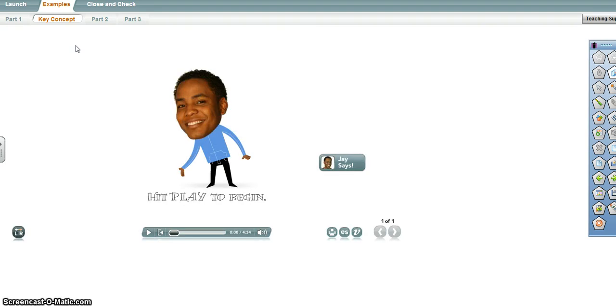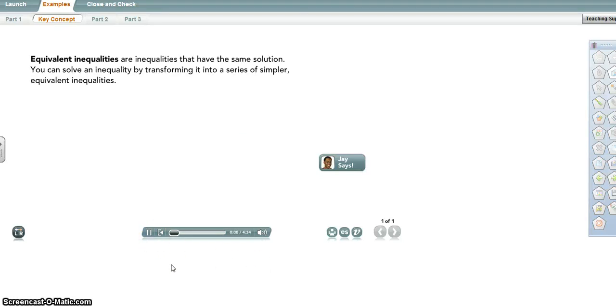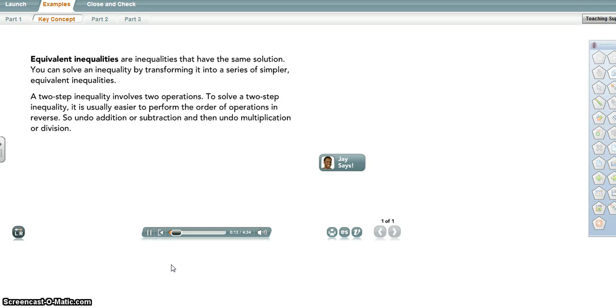Alright, so the topic of our lesson is to solve two-step inequalities. This is going to look a lot like the two-step equations that we've solved in the past. Equivalent inequalities are inequalities that have the same solution. You can solve an inequality by transforming it into a series of simpler equivalent inequalities. A two-step inequality involves two operations.